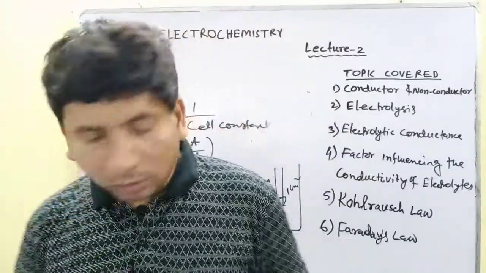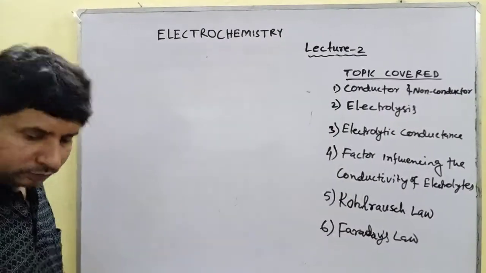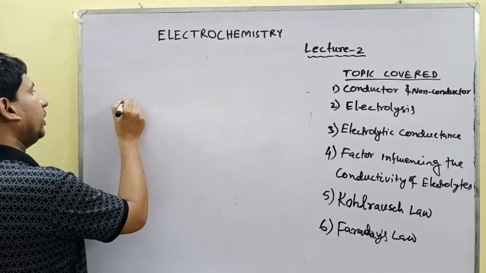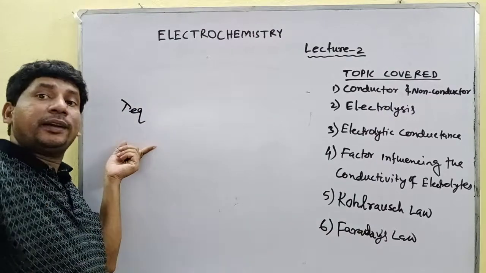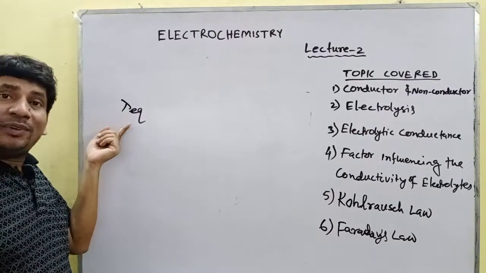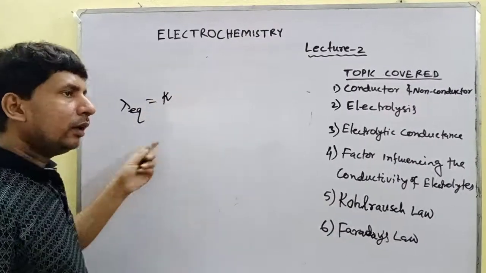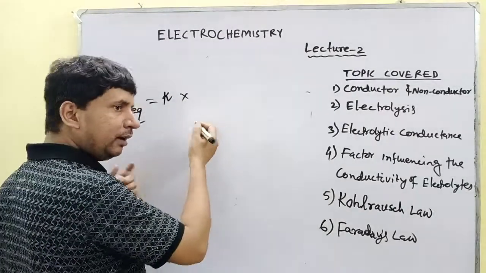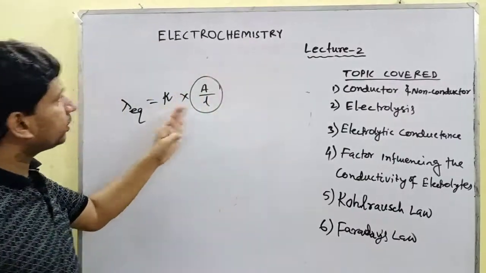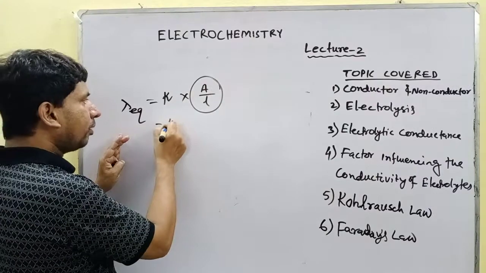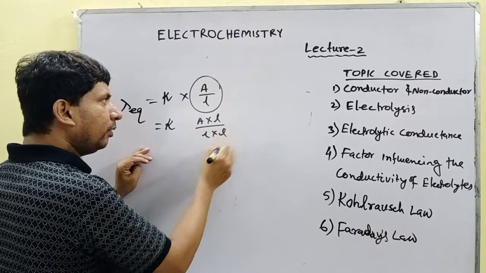Okay, so what happened? That means this is actually capital lambda, and when capital lambda is converted to small lambda equivalent, it equals kappa into A into L. But I will convert this portion this way, that kappa, that is A into L by L into L. What was that?